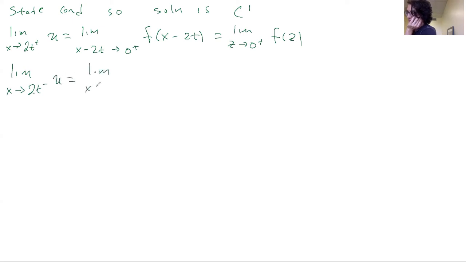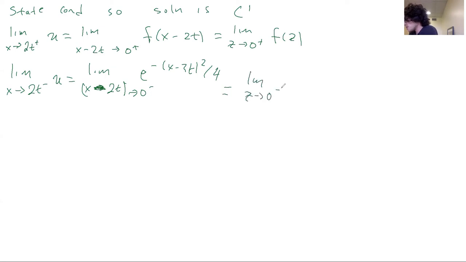So we have the limit as x minus 2t goes to 0 from below of e to the minus (x minus 2t) squared over 4, or just the limit as z goes to 0 from below of e to the minus z squared over 4.